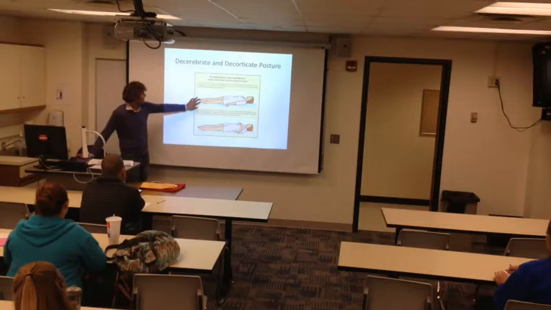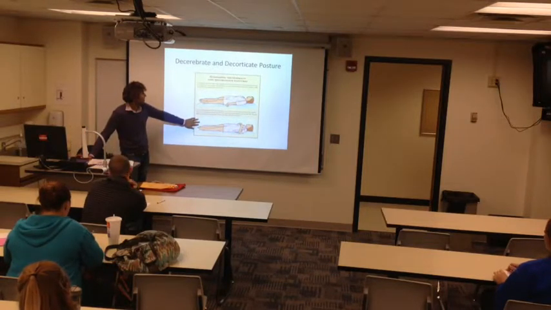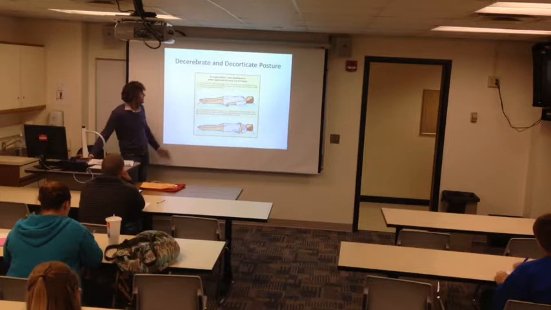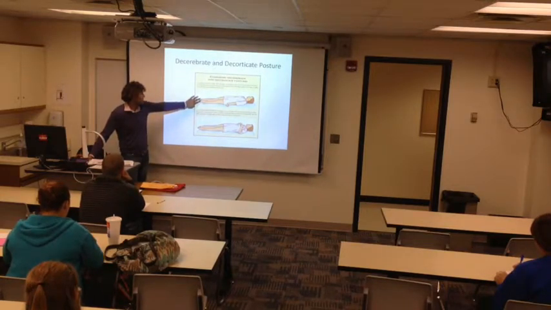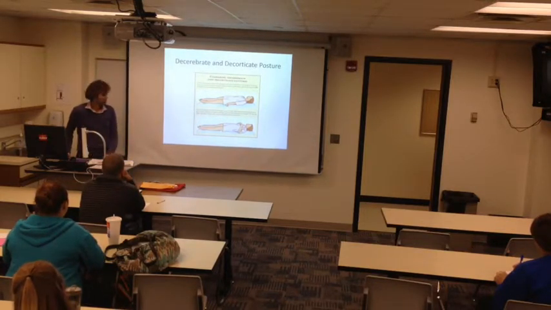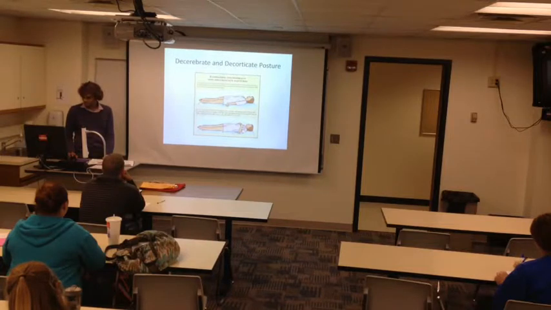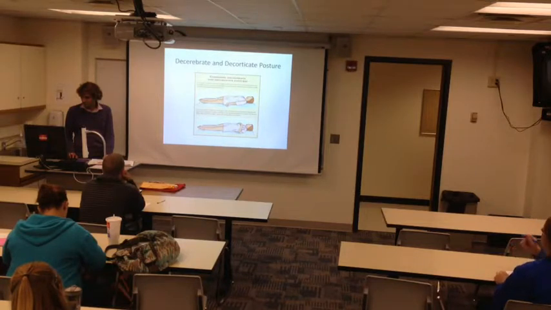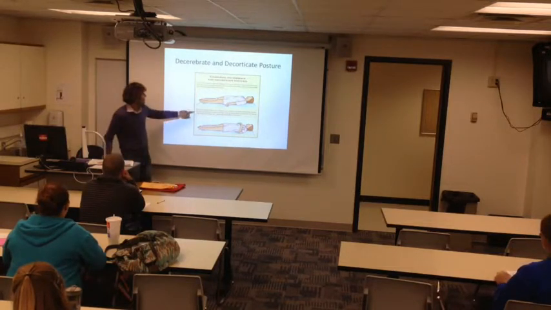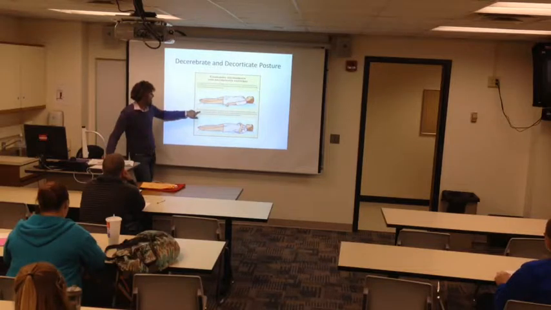The decerebrate is worse than the decorticate because it involves more brainstem damage. I think I got that right. Yeah, and the names mean decorticate means the cortex is not working. Decerebrate means the whole cerebrum or brain isn't working, essentially.